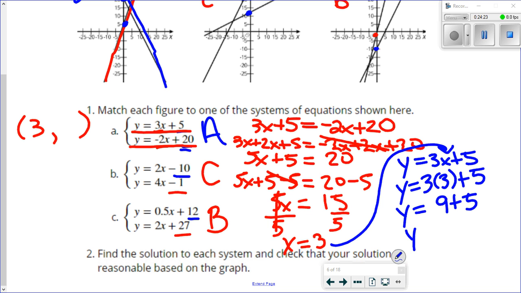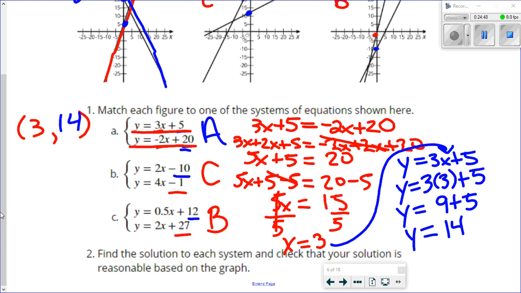And 9 plus 5 is 14. So now I have an x value and a y value for my system. So when x is 3, y is 14, and that should be the coordinate that holds true for both equations in the system.